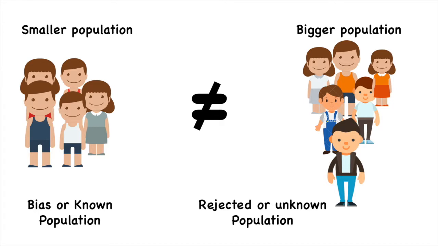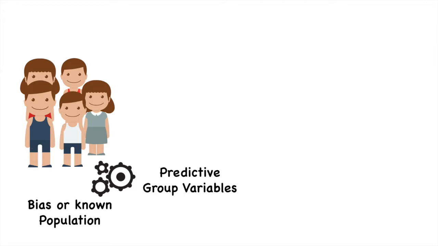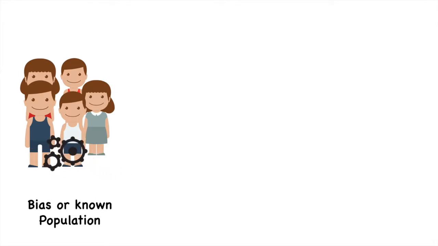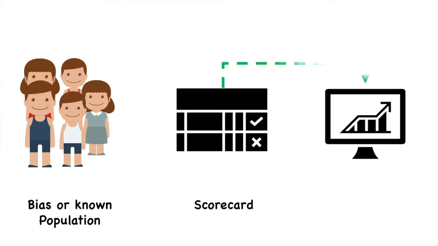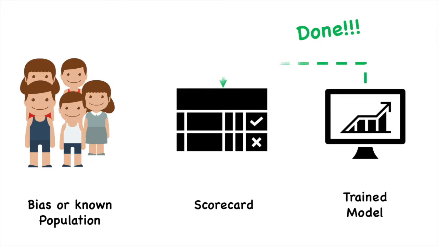Once we have identified our biased population, we need to preselect the most predictive group variables. These group variables will be used to build a scorecard. This scorecard will be used to train the model so that we can get the new scorecard.